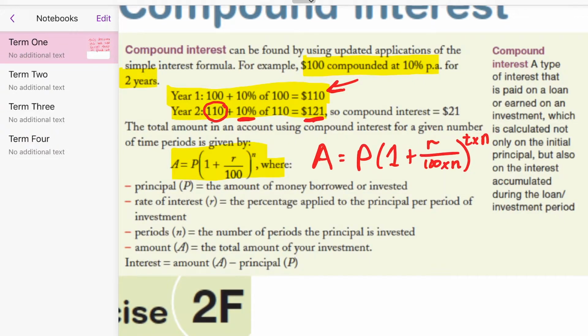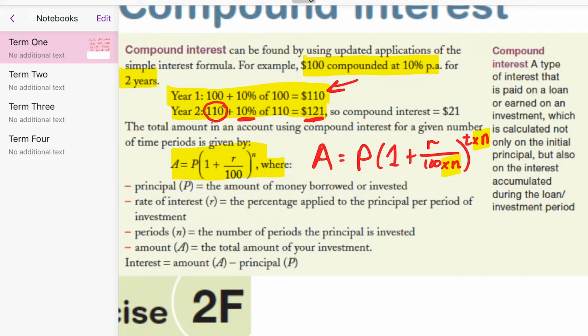Okay, so as you can see, what I've added, and that's different, is this timesing of n here. Basically what that n does is it's how many periods in 1 year would you compound it. And we'll see some questions below how that changes it, okay?